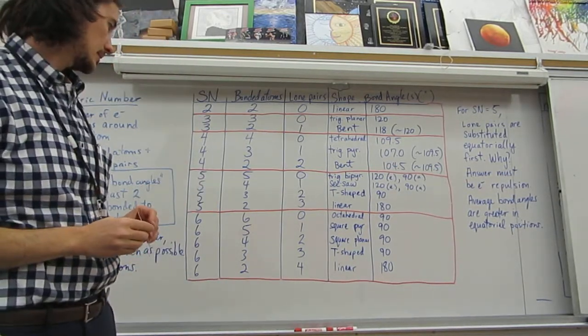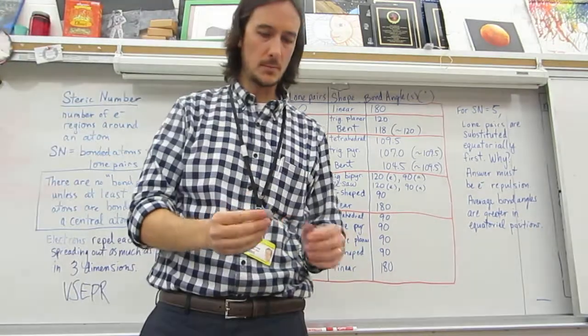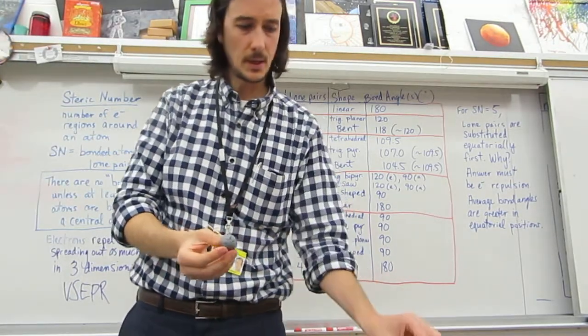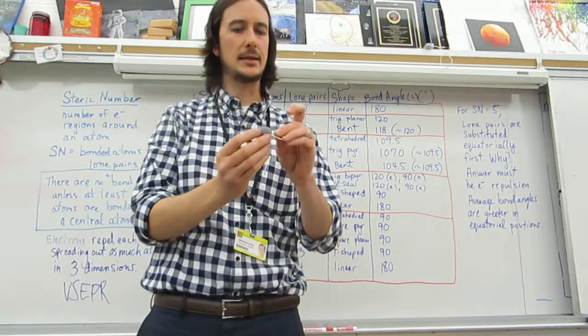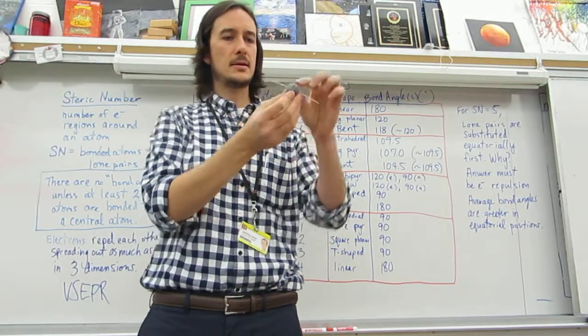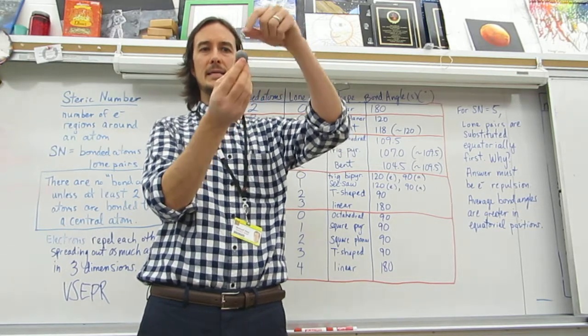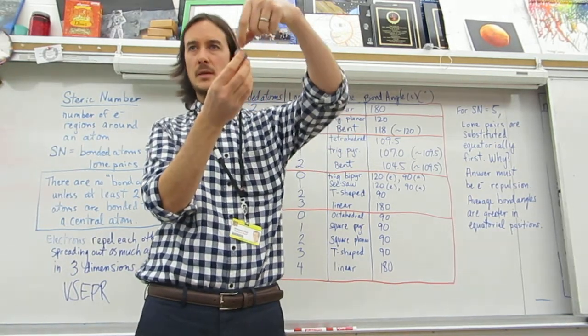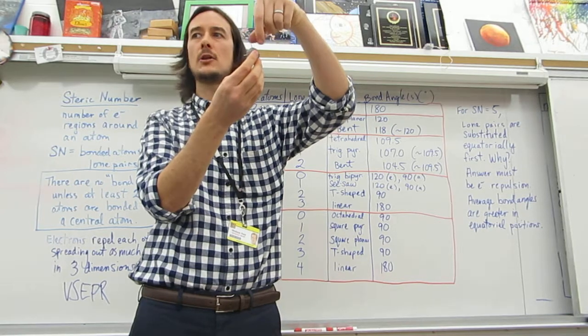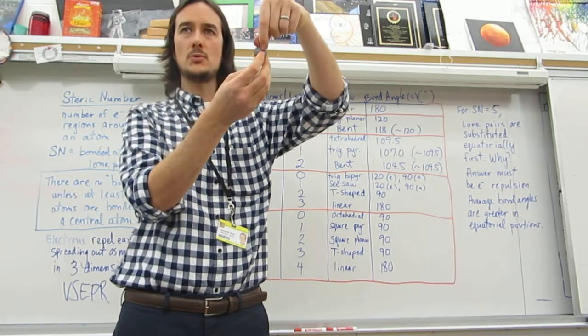Next thing is if we take off 1 more, we are going to end up with a linear molecule. For the 4th lone pair of electrons that you add, it needs to be this one. It can't be over here, because that would bring it closer to more lone pairs.